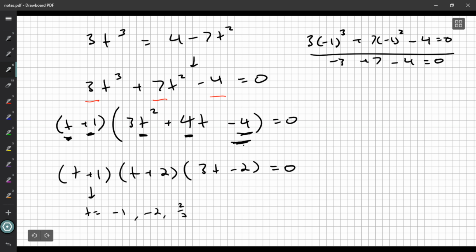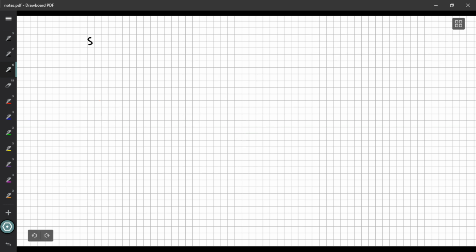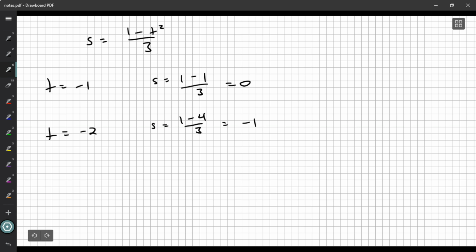Now, not necessarily all of them will lead to values for s. But we do have this nice expression: s is (1 minus t squared) over 3. So for t is -1, we get s is (1 minus 1) over 3, so s is going to be 0. For t is -2, we get s is (1 minus 4) over 3, so s would be -1.